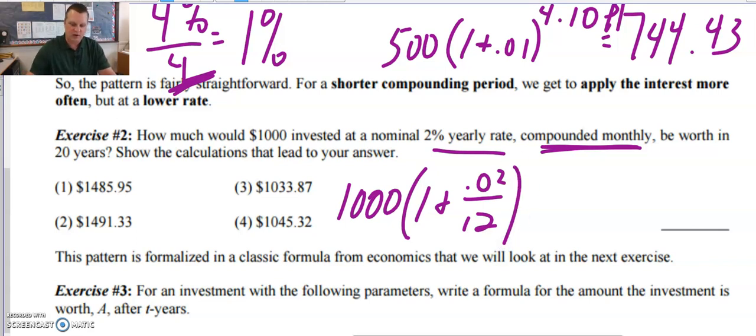And now that is raised times 20. And you put it all in your calculator, and you get the 1491.33, which is choice 2.